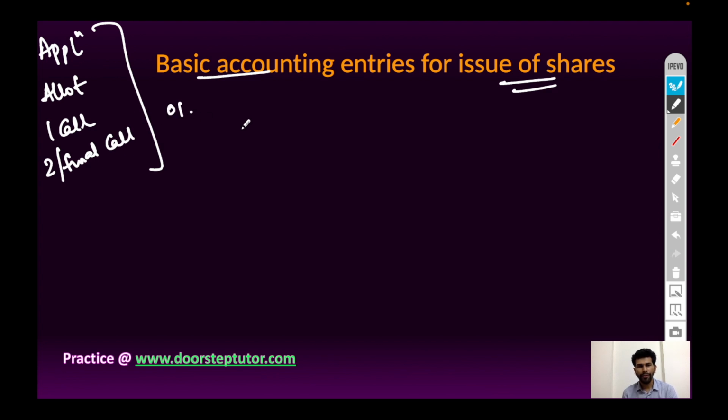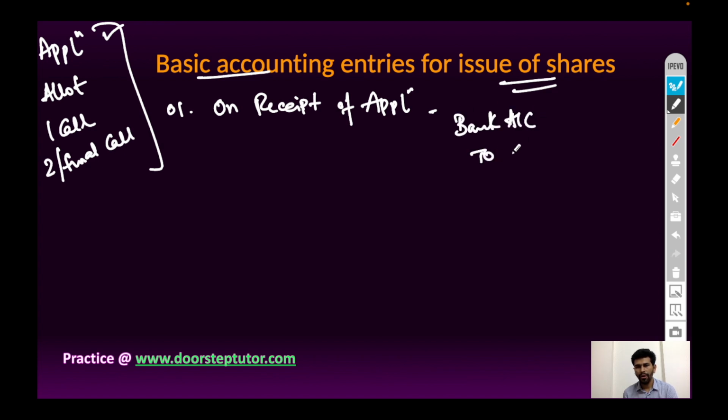For example, first, at the time of receiving application, the journal entry will be bank account debit to share application money account.